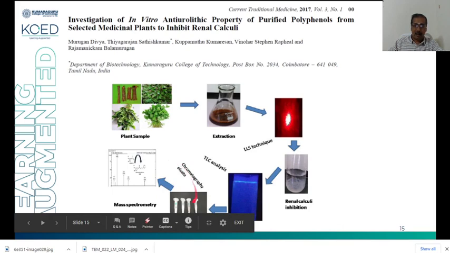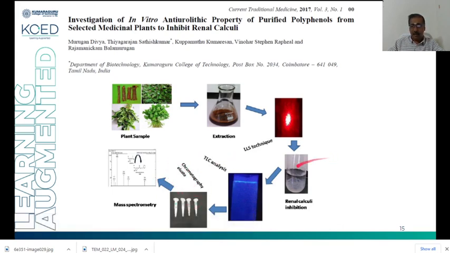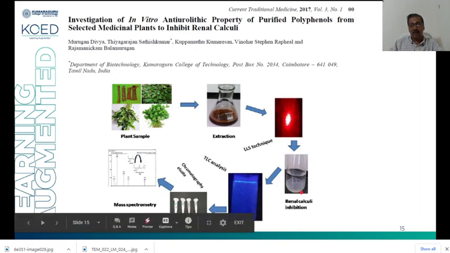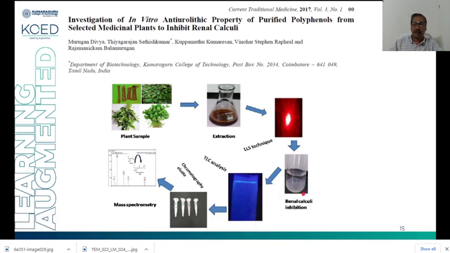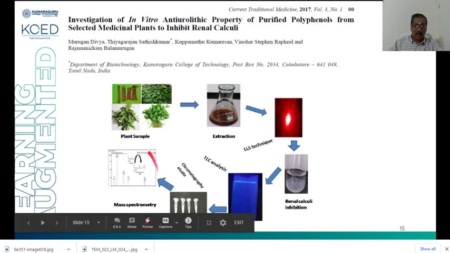Again, under the purified sample, we used the purified eluate. We investigated the efficacy of purified polyphenols to inhibit the renal calculus, and even we found what molecules are present in the purified lot and what molecules are responsible for inhibiting the renal calculi formation.